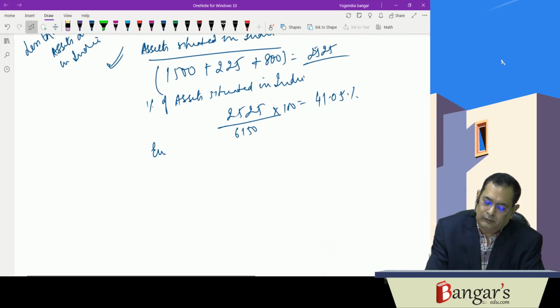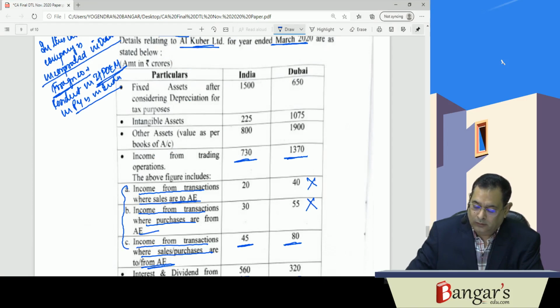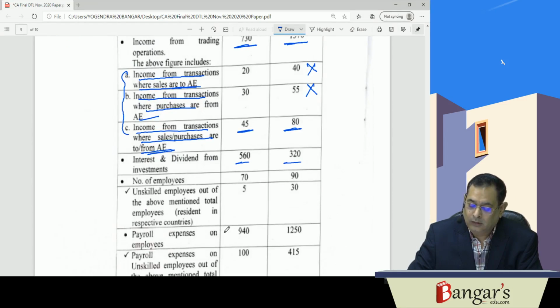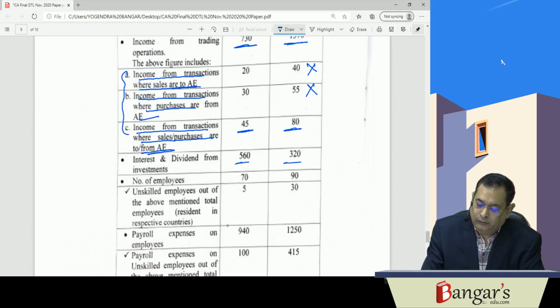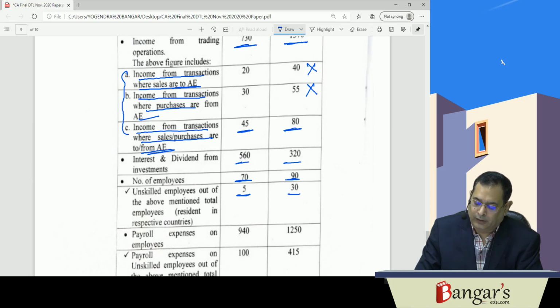Then the next is the employees test. Look here. The total number of employees is 70 and 90. Out of the above mentioned total employees, they are residents of respective countries, so we have to consider all.